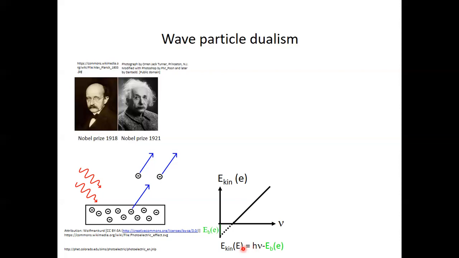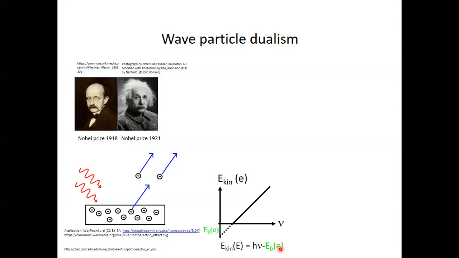So the kinetic energy of these electrons could be described by h times nu of the incoming electromagnetic radiation, which represents the energy of the incoming radiation, minus a binding energy, the energy by which the electrons are pulled to the metal surface. Basically, the electromagnetic radiation needs to overcome this binding energy so that the electron can be ejected.